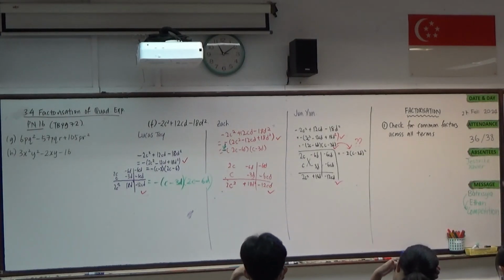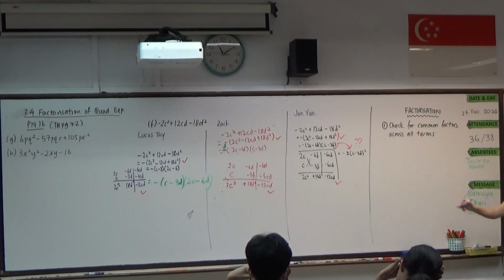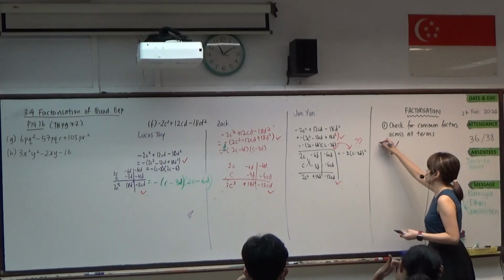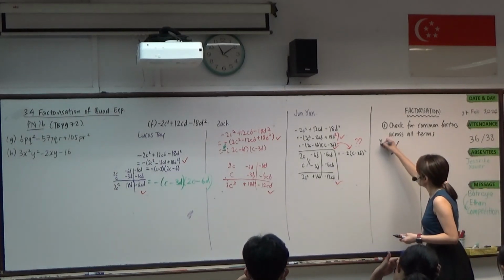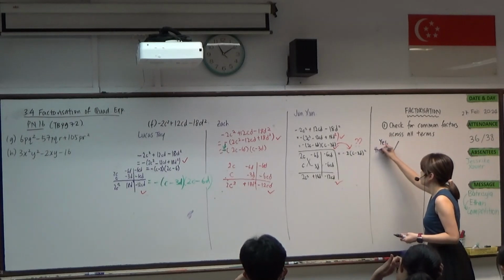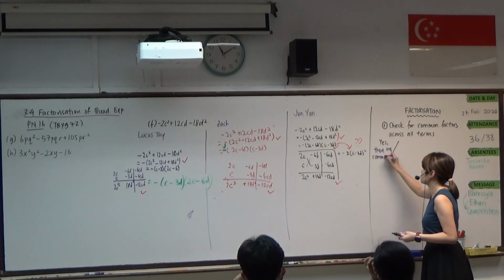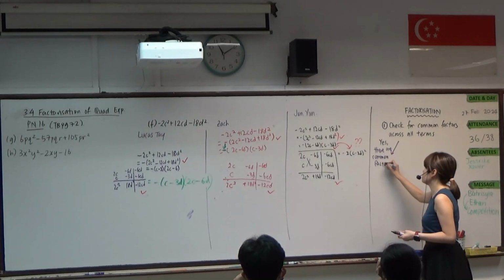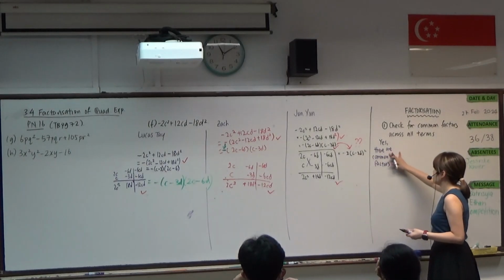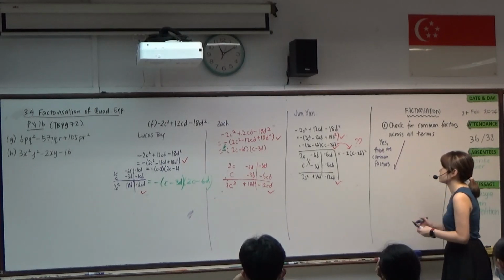Okay, so after we have done the check, okay, if there is common factor, how should I write it? Yes, there are common factors. Then what should we do? What happens if there are common factors?